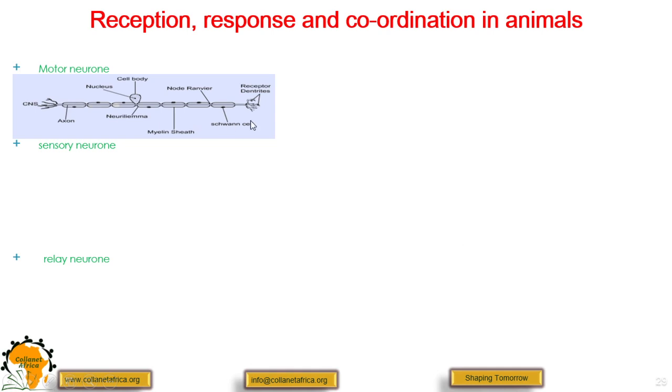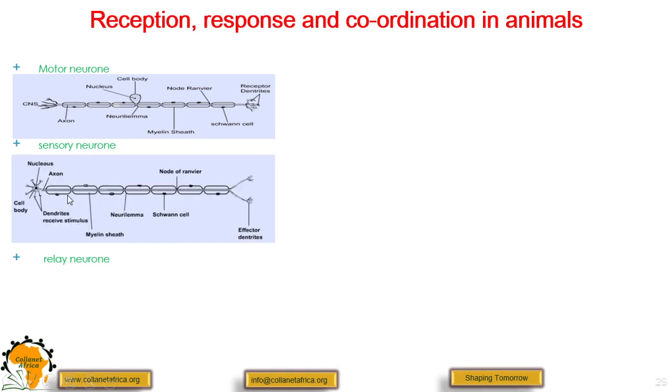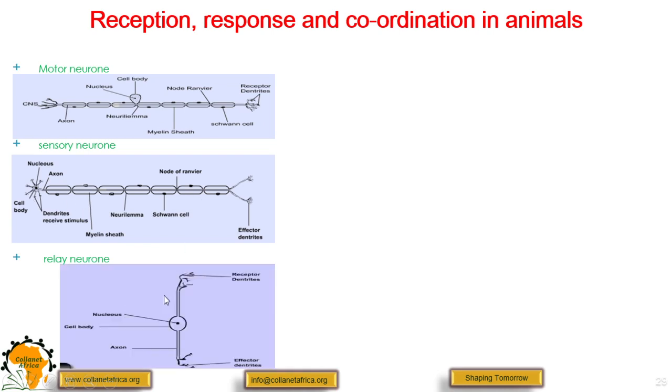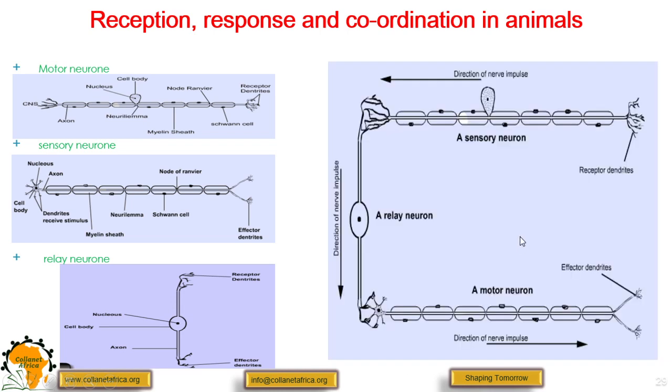This is a motor neuron there, and we have a sensory neuron here. The cell body is at one end of the axon, and then we have a relay neuron. So this is how it works.